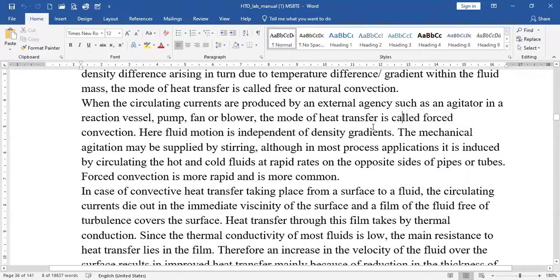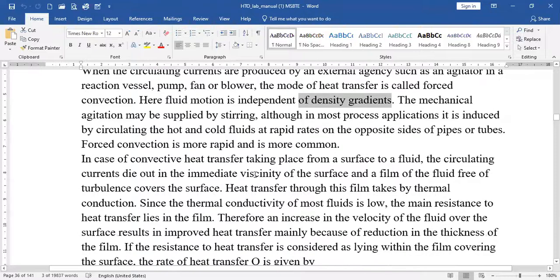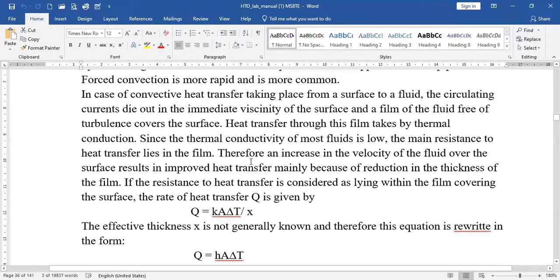When we are using an external agency such as pump, blower, fan, then the heat transfer operation is independent of the density gradients. So for a higher rate of heat transfer, we have to use forced convection in industries. The forced convection is more rapid and is more common, right?